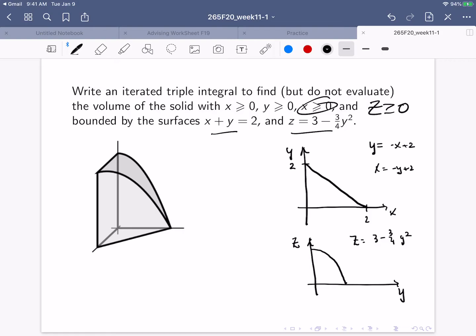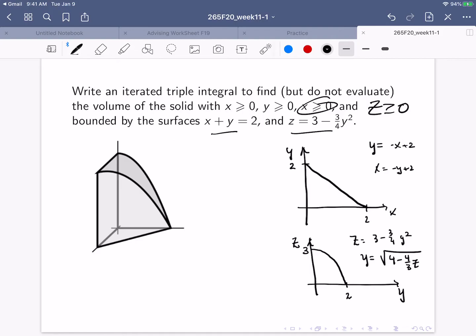And so I can see that I've got a z-intercept of 3. If I solve for z equals 0, I'm going to get a y-intercept of 2. And then if I solve this curve in terms of y, I'm going to get y equals the square root of 4 minus 4/3 z. Okay.